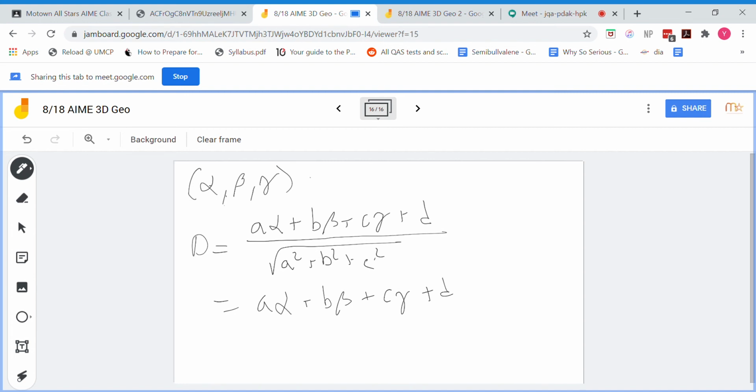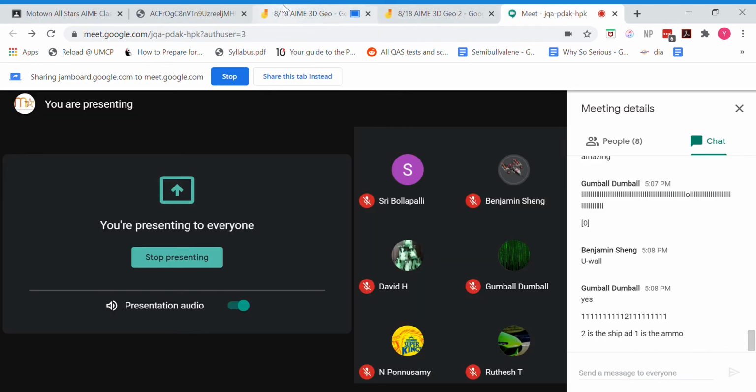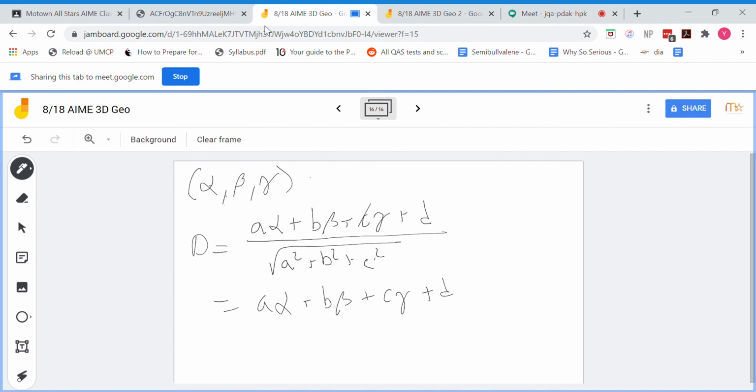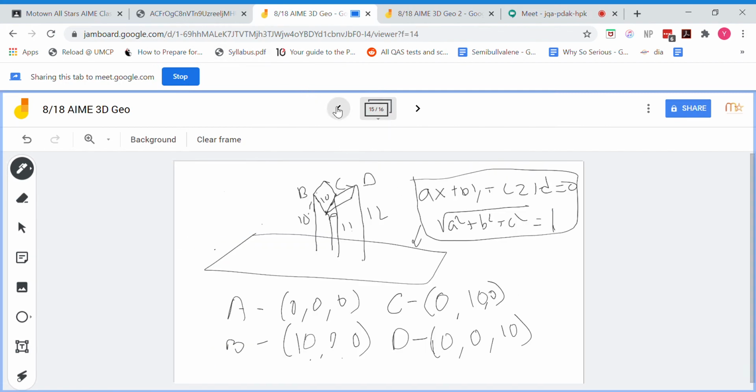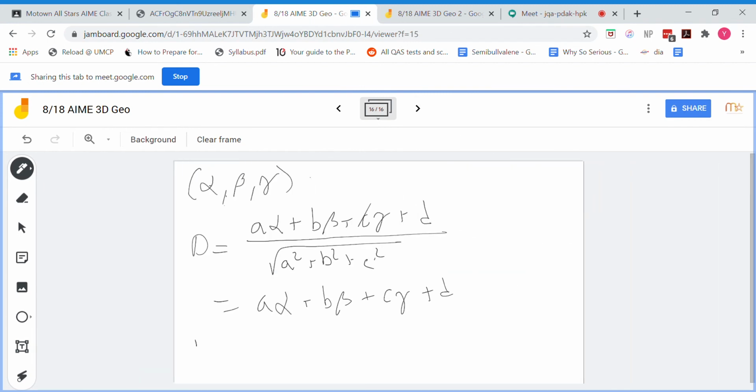Now we're told the distances from points B, C, and D. Sorry, I have a cold today. From point B, if we plug in alpha, beta, gamma equals 10, 0, 0, the distance is 10a plus d.